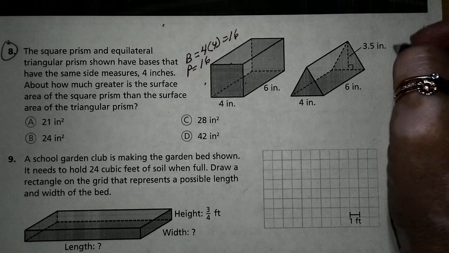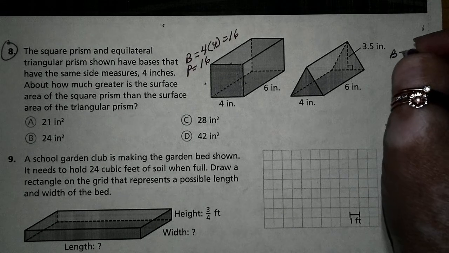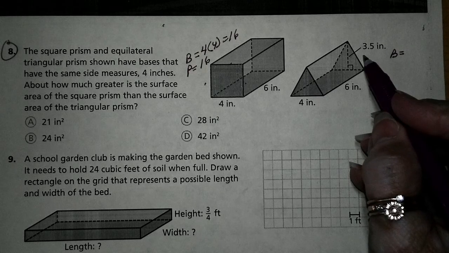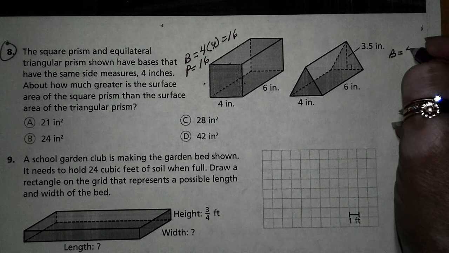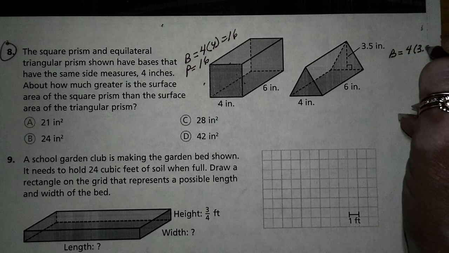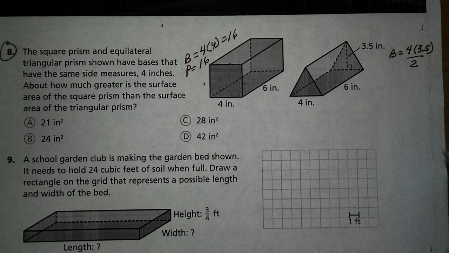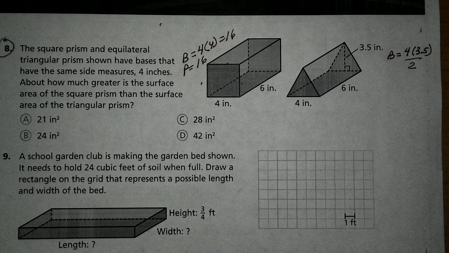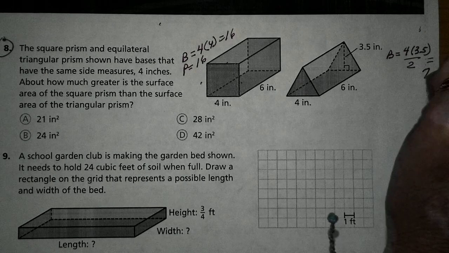All right, and then do the same thing here. So B, the height of the triangle is 3.5, so 4 times 3.5 divided by 2, because remember it's a triangle. So 4 times 3.5 is 14 divided by 2, so that would be 7.